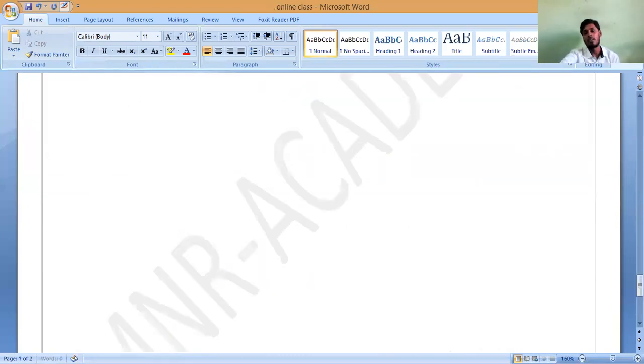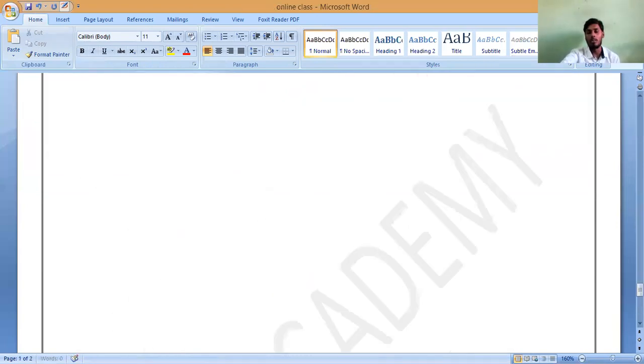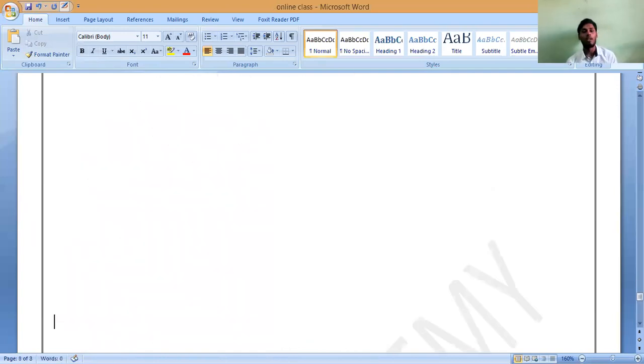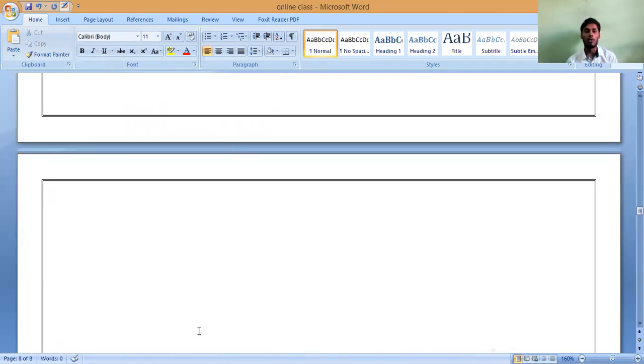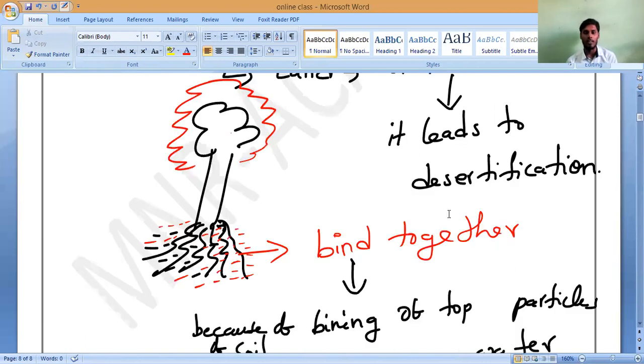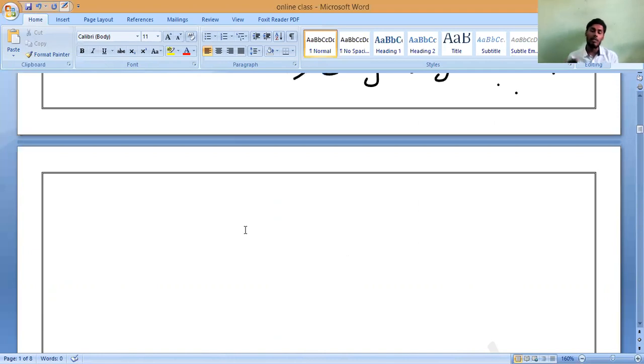That is the reason we must have plants, so that they can hold this fertile topsoil tightly, so that it will be useful to cultivate and grow the plants healthily. If this topsoil is washed away, what will happen? The roots will come up, the plants will die, and the land will become infertile. Is it yes or no?